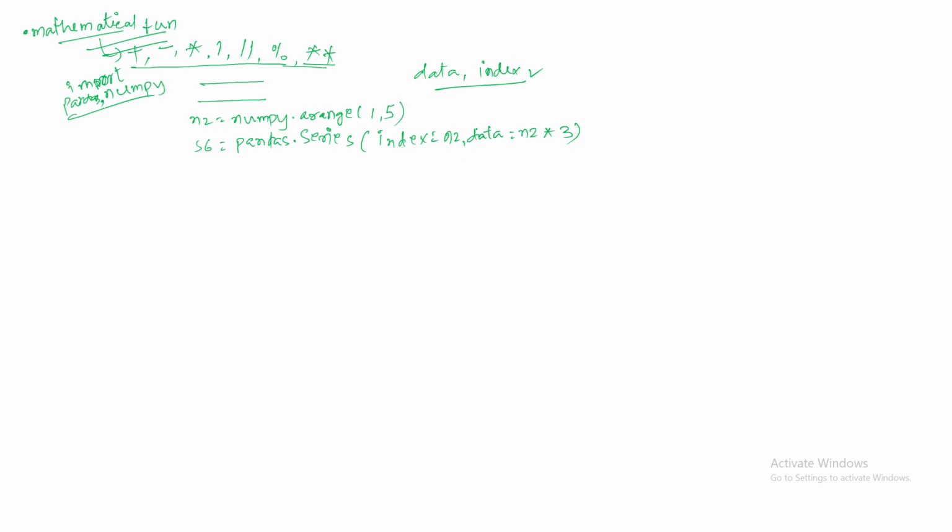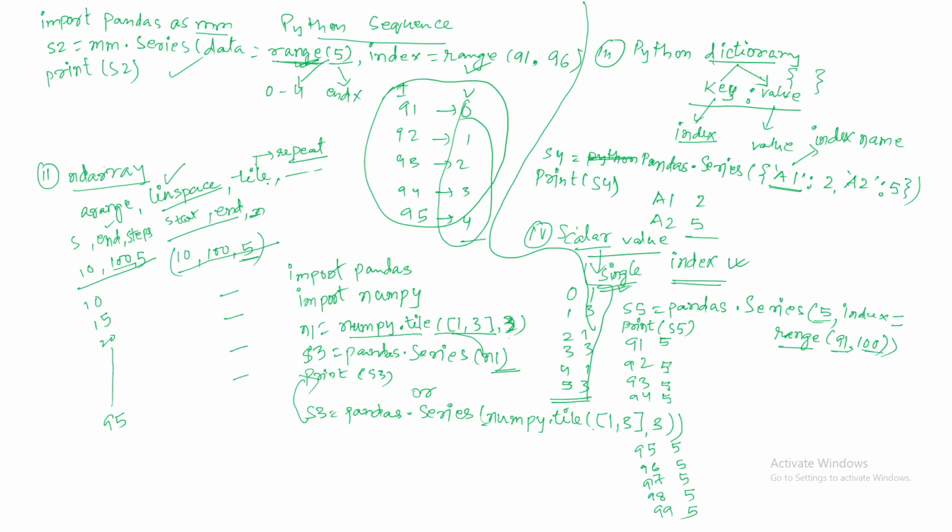But if you are not writing the data keyword and directly mention the value, for example 5 comma index, and if you write index first and then 5, it will give an error.